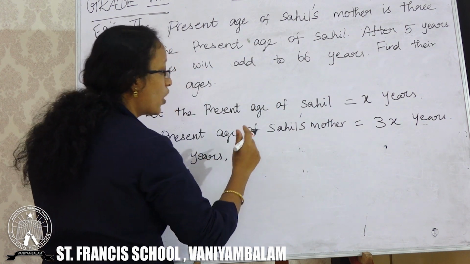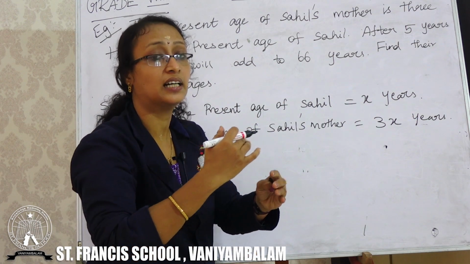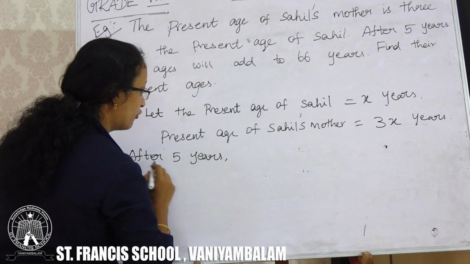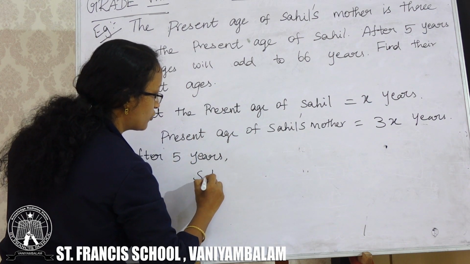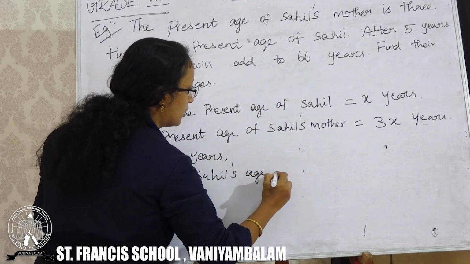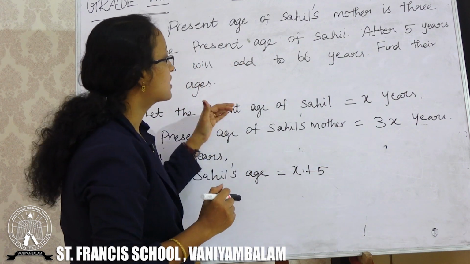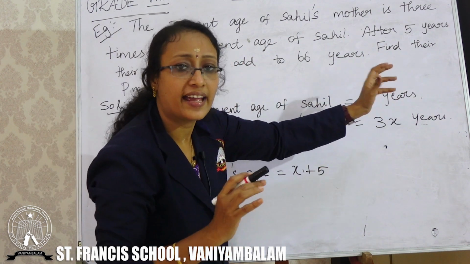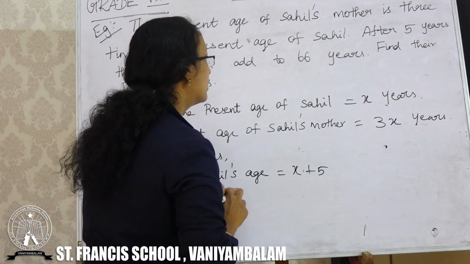After 5 years, what will be the ages? First write what will be the ages for both mother and the son. So for Sahil, after 5 years, Sahil's age will be x plus 5, right? See, here Sahil's present age is what? X. So what will be the age after 5 years? X plus 5.